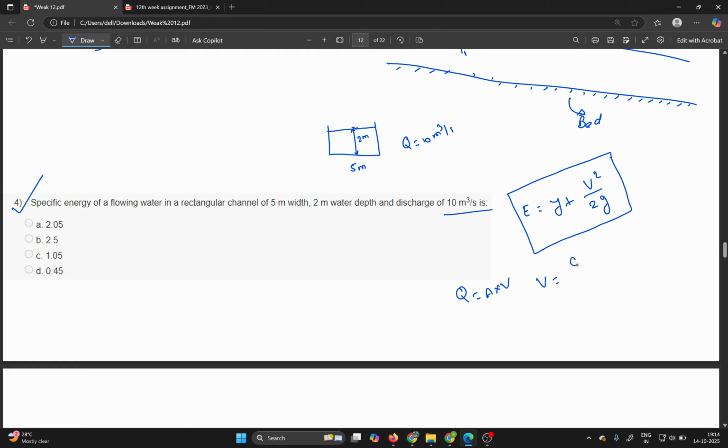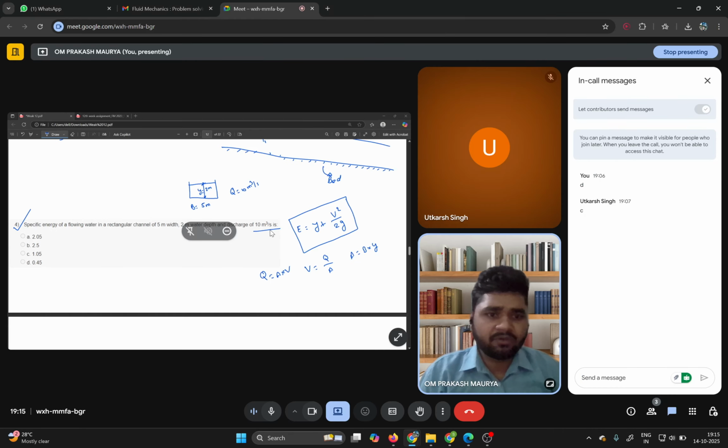So velocity is discharge by area, and area is your b into depth y. This is your b, this is your y. Please try to calculate within 2-3 minutes. Very easy, I have told you the formulas. If you're not able to solve, then I'll show you the calculation also.